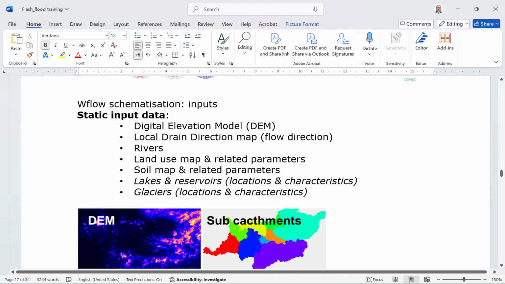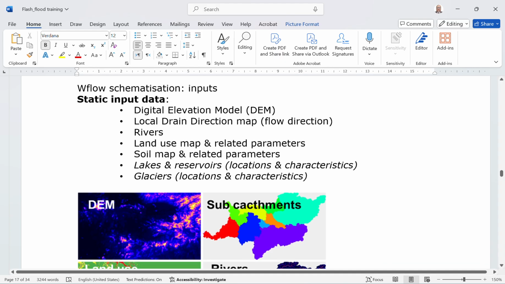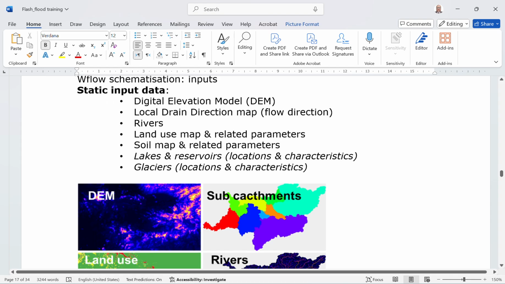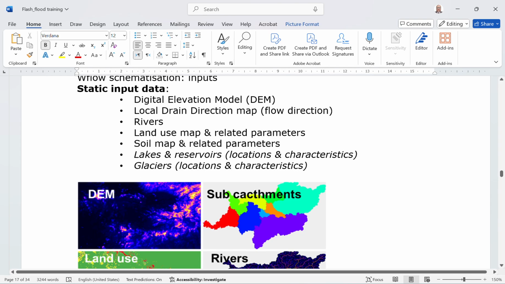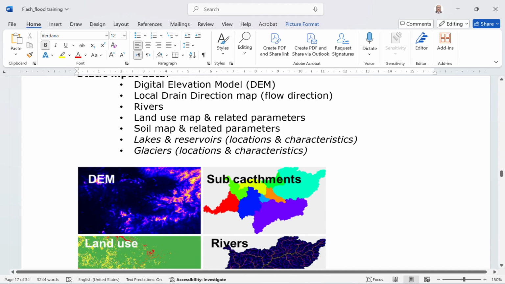We also have, for the Wflow schematization, the inputs in general. We say these are static input maps. We need here, for example, the digital elevation model, the DEM. We need also some other hydrological parameters like the flow directions. We need information about rivers. We need information about the land use map related to the parameters.